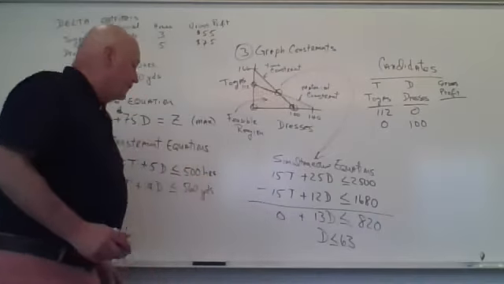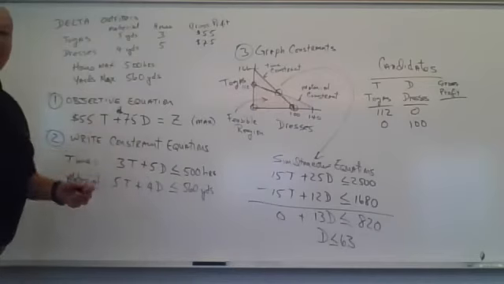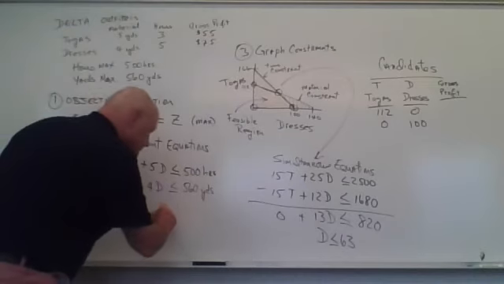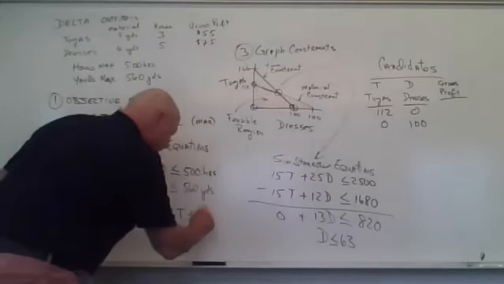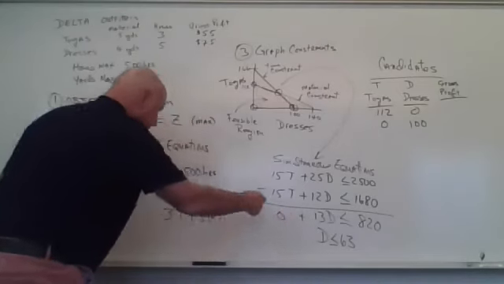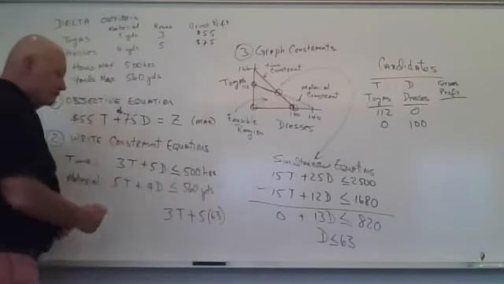With one of our points, we can now go back to any one of these equations we want and plug it in. Okay, let's take 3t plus 5 times 63, plugging d in. You can use any one of these equations, doesn't matter.